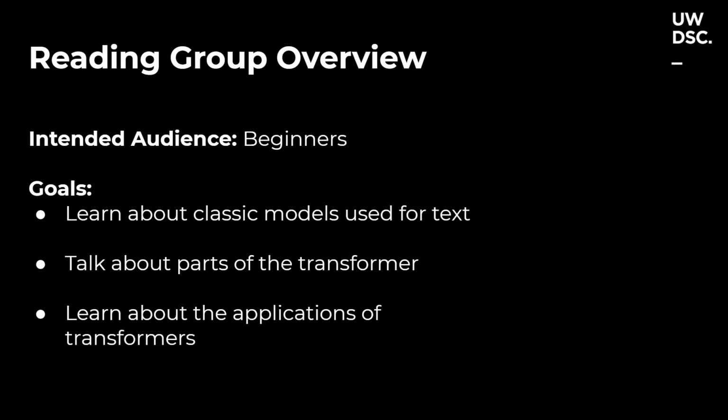Almost half of this week's material will be based on learning about the parts of a transformer and why they work the way they work, and also learn about the applications of the transformers. And this point, we'll be talking more for the few weeks forward. This week, if we have time, we will be covering BERT, and if not, applications of transformers would be for later weeks.